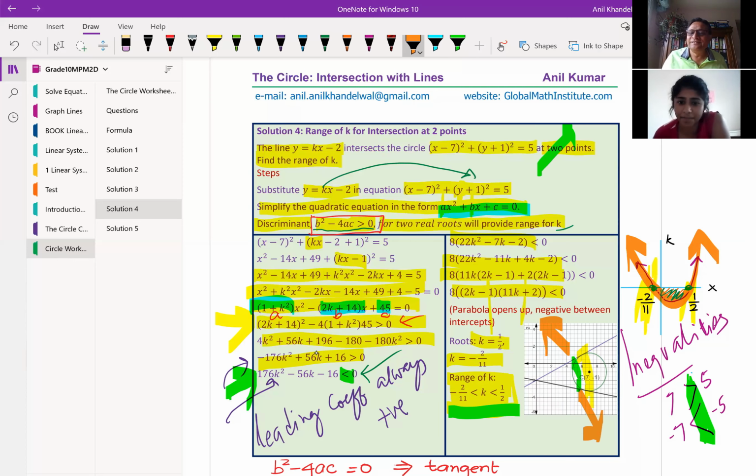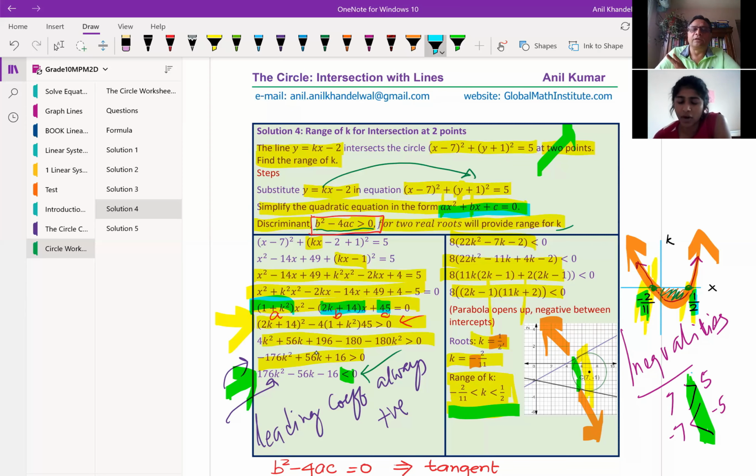Just to clarify, if it said, let's say, at one point, so that means b squared minus 4ac equals 0. And those 2 points, k has to be either, let me highlight that in a different color, either minus 2 over 11 or half.